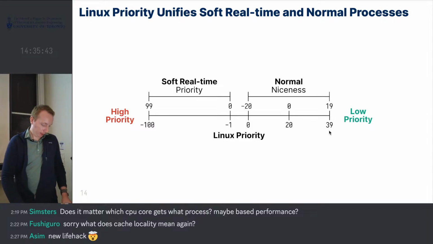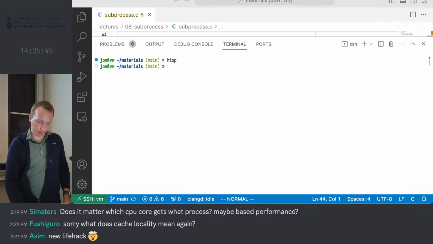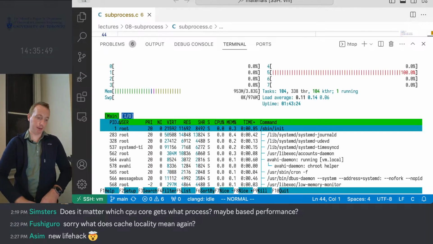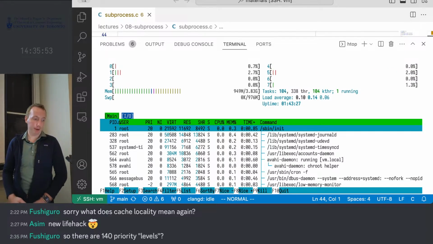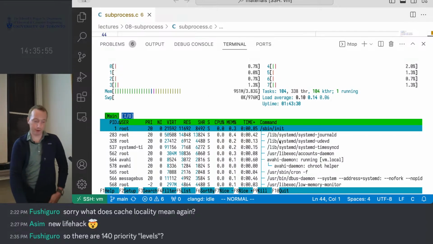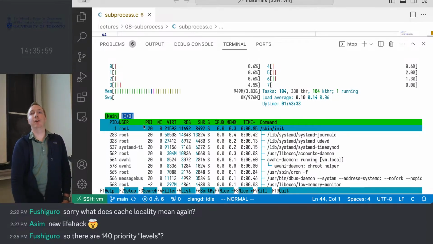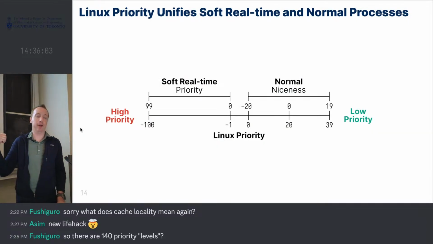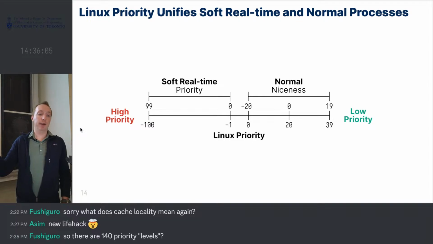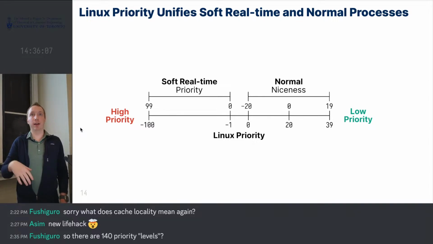If we do some digging, we can use htop, and we can finally read these numbers. There are 140 different priority levels. This column here, PRI, is priority, and that's the Linux priority that I showed here. So it will be -100 to 39. If it's negative, it's real time.